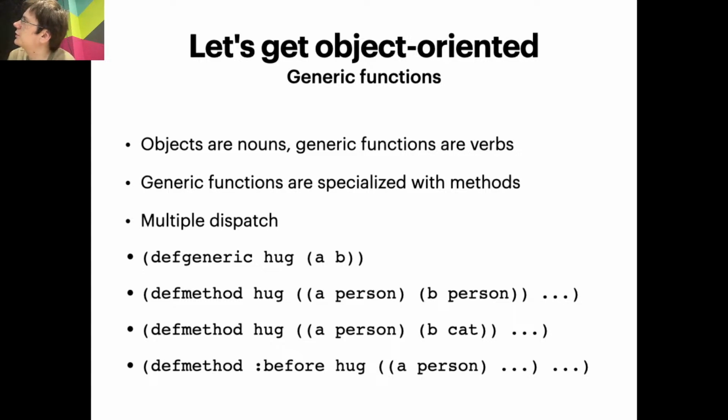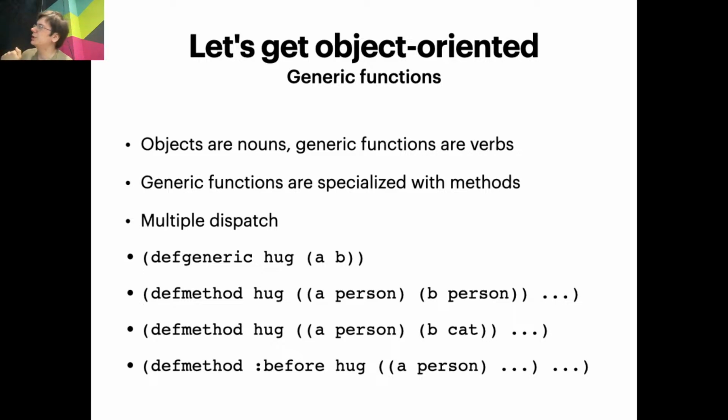When we define a generic function, this is a bit tricky to explain, but in other object-oriented languages like Java, usually when we have a method of the class, it is always attached to a specific single class.